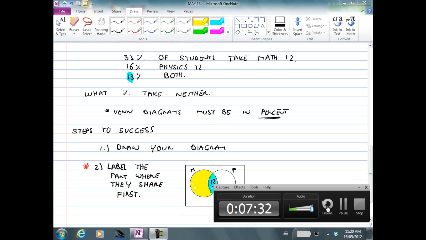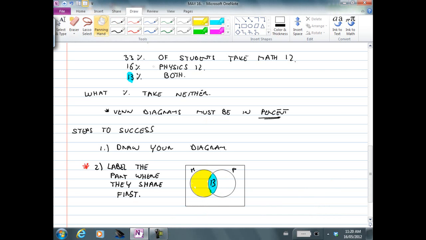Everything in this math circle must add up to 33. 13 is given already. So, Camille, what must the yellow part be? 20, yep. Guys, gals, go ahead and label the physics part. 3. Physics, only 3.